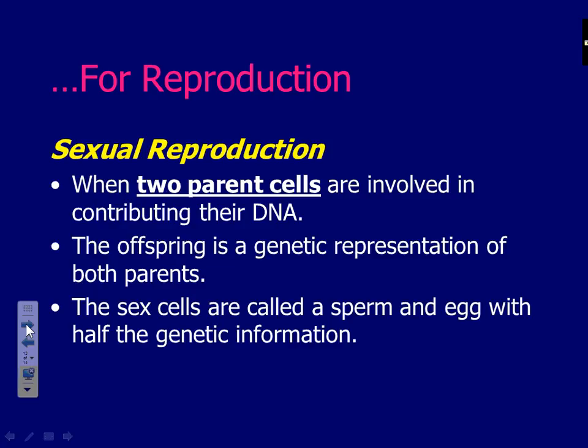If you were to take college-level biology, it would go into detail about how the genetic information from both parents comes together and how that results in different traits. But again, that is why cells divide.